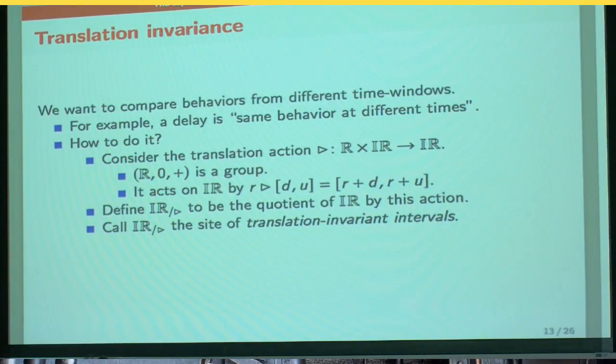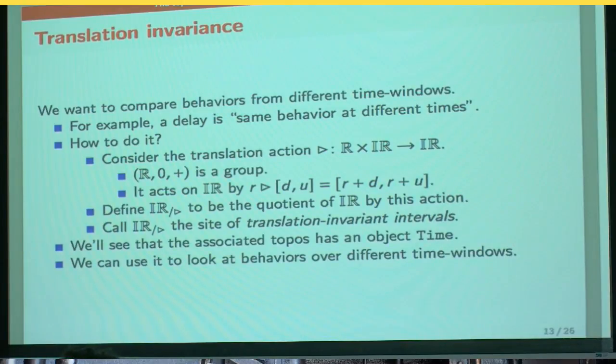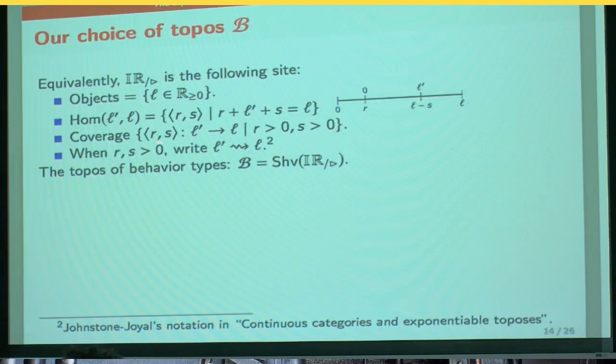And we're going to get a quotient topos of the sheaves on the interval domain. But there's a skeleton of this that's easier to understand. So the skeleton of this category here is the following site. A site always has a category, and the category here is just the set of non-negative real numbers. And the morphisms between two objects, so if L prime is an object and L is an object, I think of them as like the interval 0L.